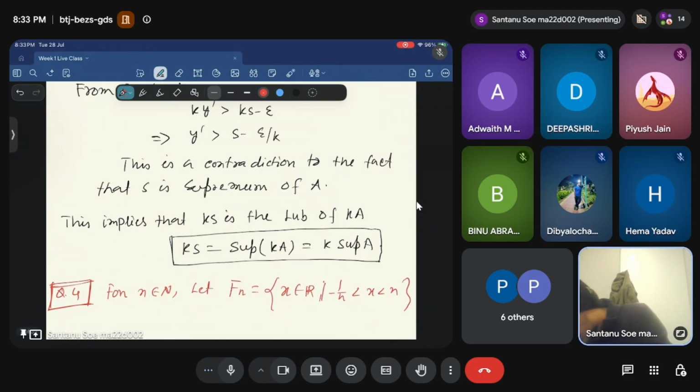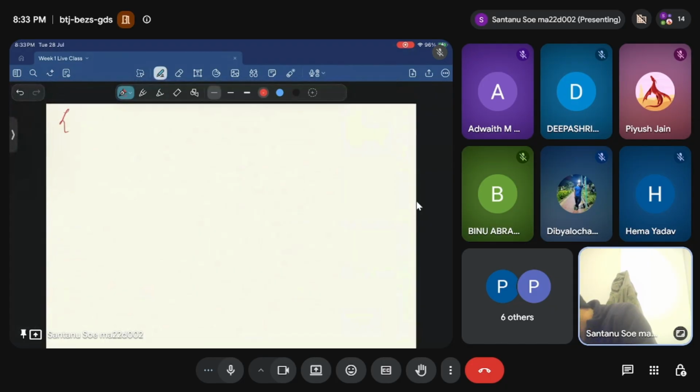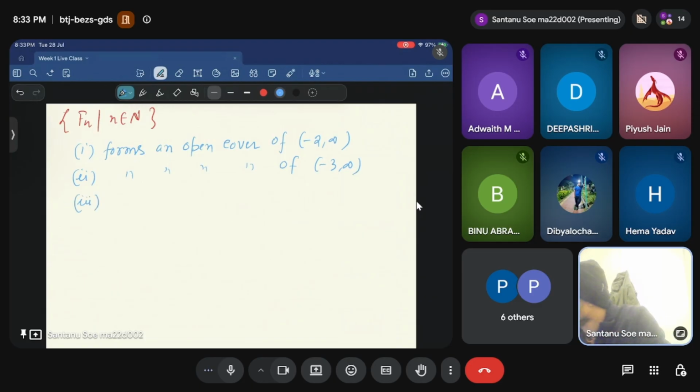Then the collection F_n forms an open cover of: minus 2 comma infinity; minus 3 comma infinity; closed 0 open infinity; and the next option is none of the above.